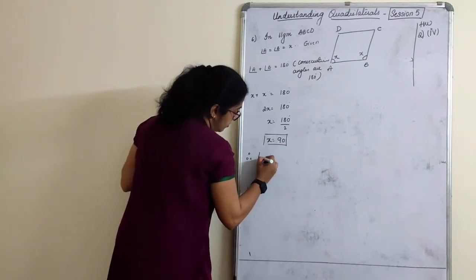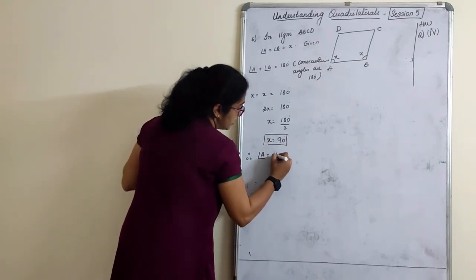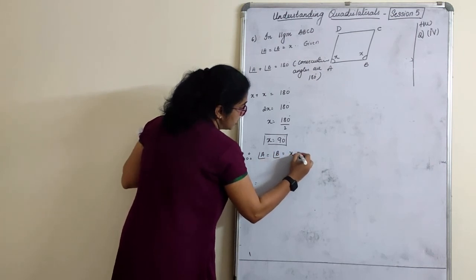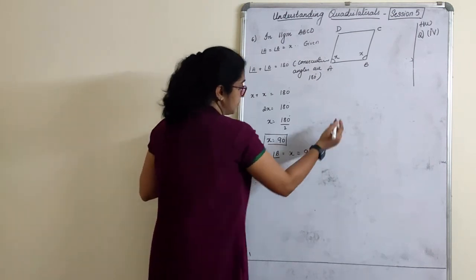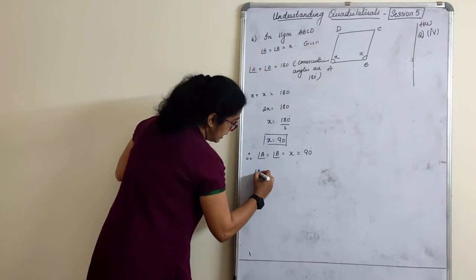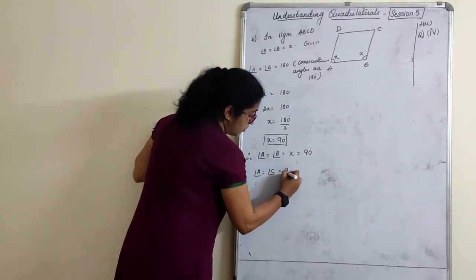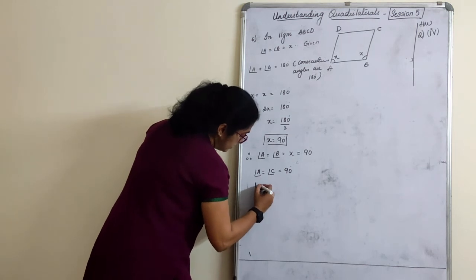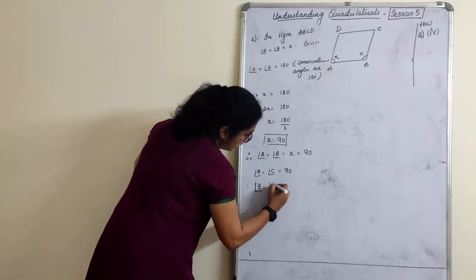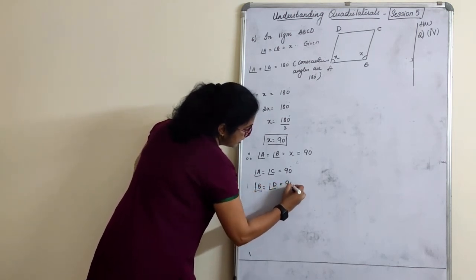Therefore, angle A is equal to angle B is equal to x, that is 90. Angle A is equal to angle C, that is equal to 90, and angle B is equal to angle D, that is also equal to 90.